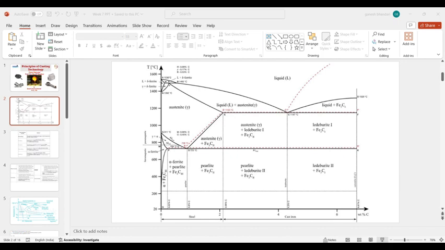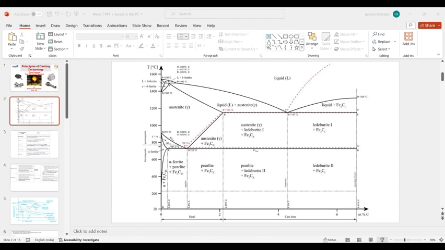That is going to convert into your austenite phase, which is basically a metastable phase during the heat treatment of steels. Why do we say it is a metastable phase? Because this phase is not stable at room temperature.